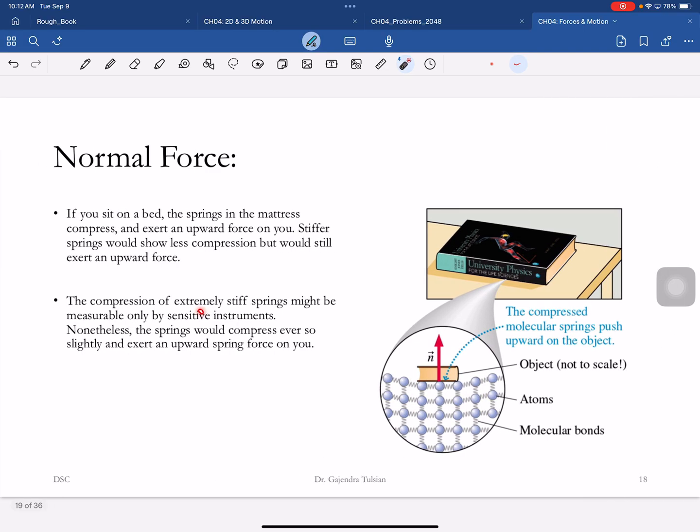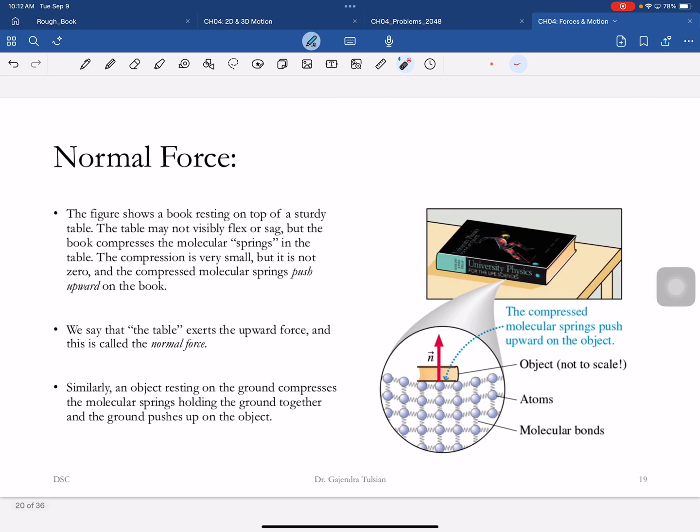So if you have extremely stiff springs, then the compression is very small, okay? So the book is resting on a spring. The table may not visibly flex, okay? So when you put an object on a table, when I sit on this table, that'll flex.